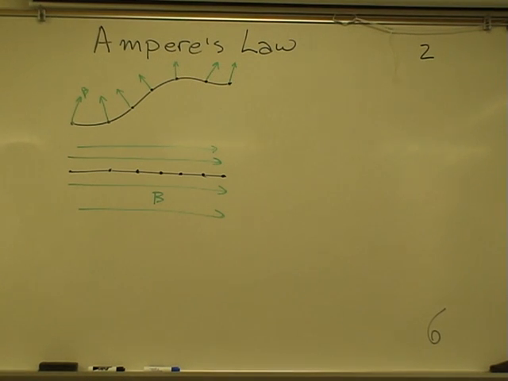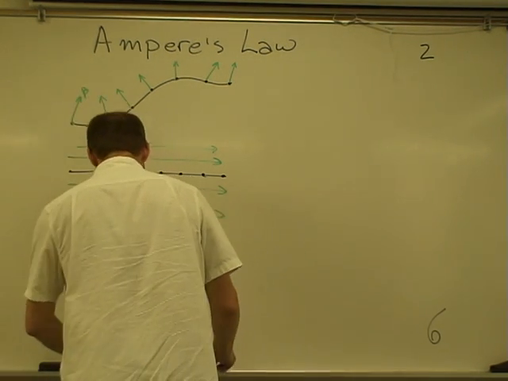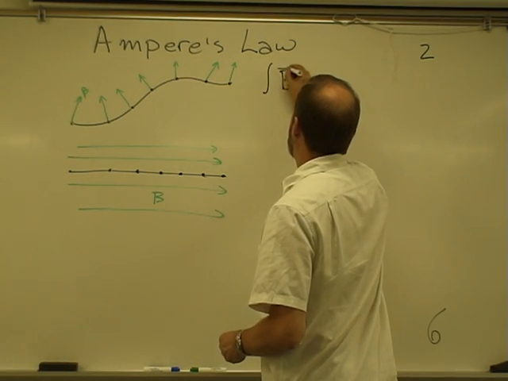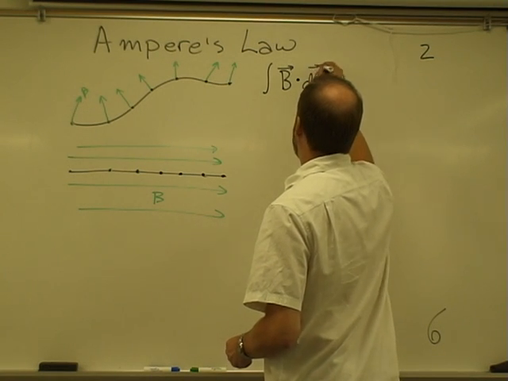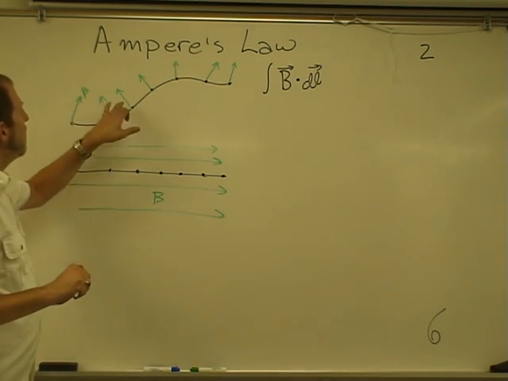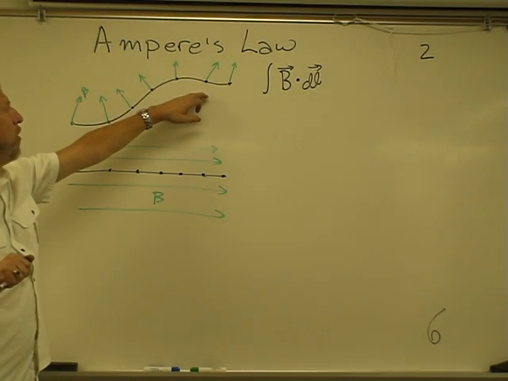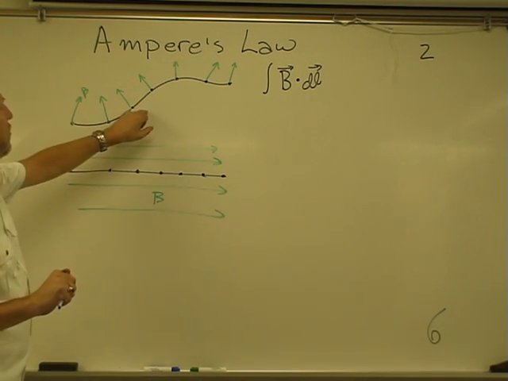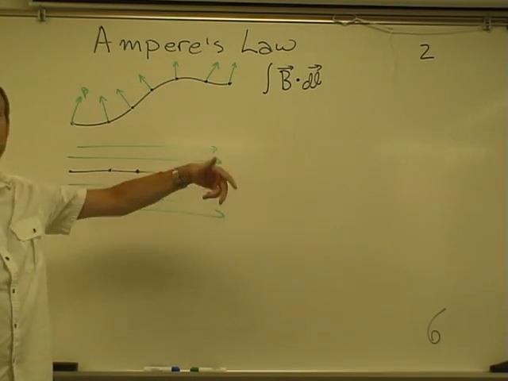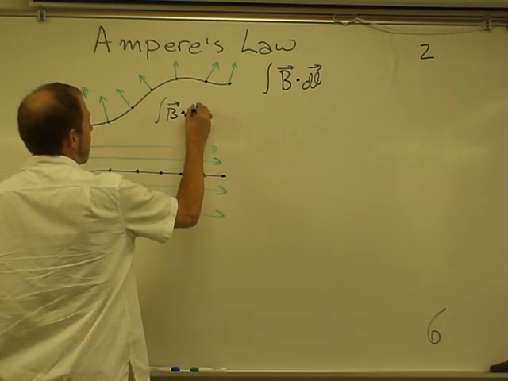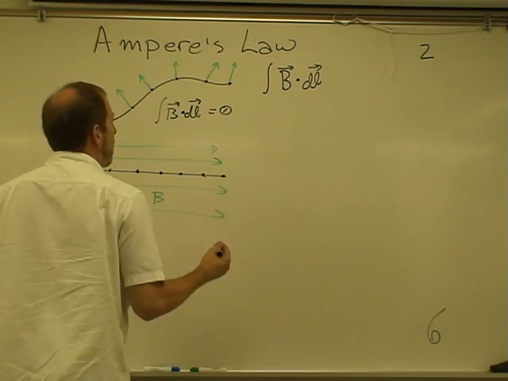I want to investigate the integral over a path of the magnetic field B dot dl. In this case, at each point on this path, the magnetic field is perpendicular to where I am, to the center of each dl. So the integral along this line of B dot dl is 0.